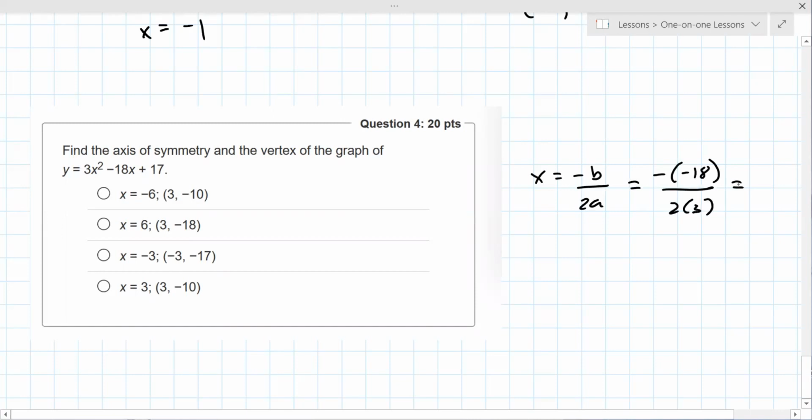What did you get for the x coordinate of your vertex? Positive 3. Good, I agree.